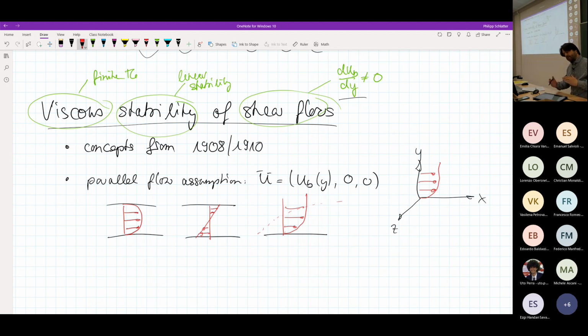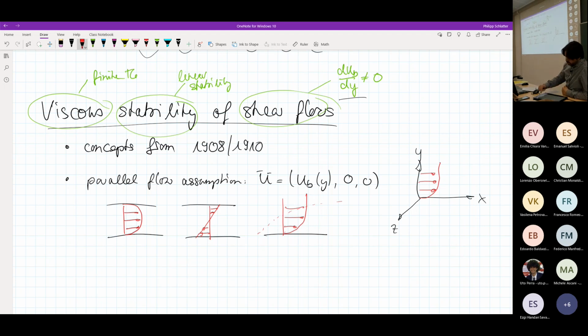And that, of course, means that with the parallel flow assumption, we're kind of making the boundary layer parallel. But again, you can now think of the boundary layer approximations where we said that the streamwise variation is much, much slower than the vertical changes. So therefore, approximating a boundary layer with a parallel flow is often not so bad.